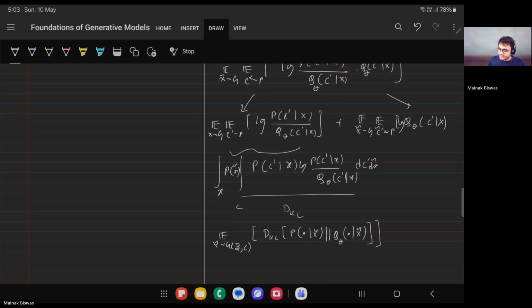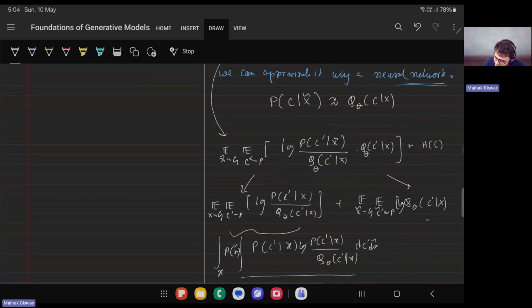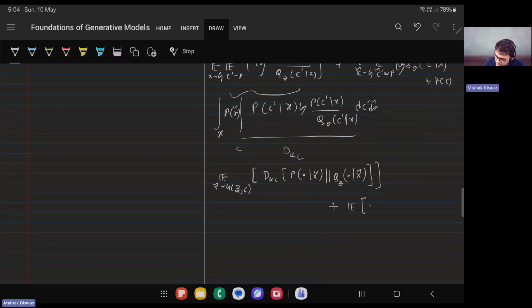Plus the expected value of, I'll just copy the H(C) terms everywhere, plus H(C).